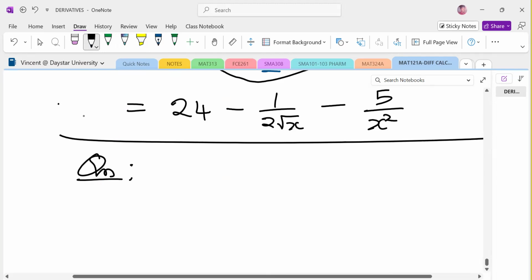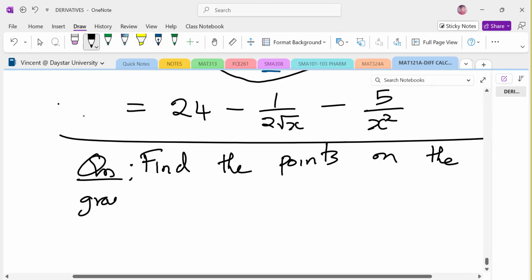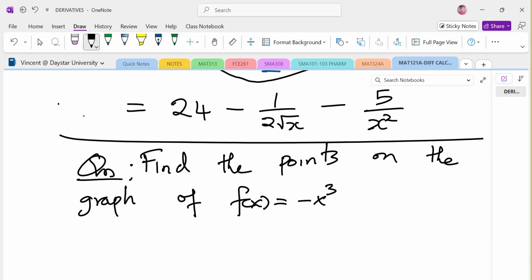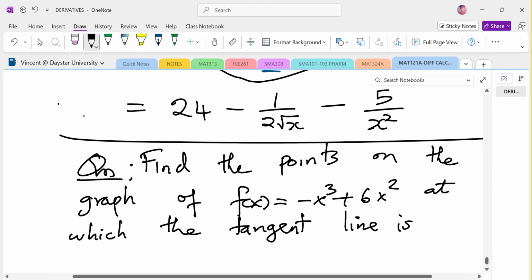So a question which is an application of this sum and difference rule. Find the points on the graph of f of x equals minus x power 3 plus 6x squared, at which the tangent line is horizontal.